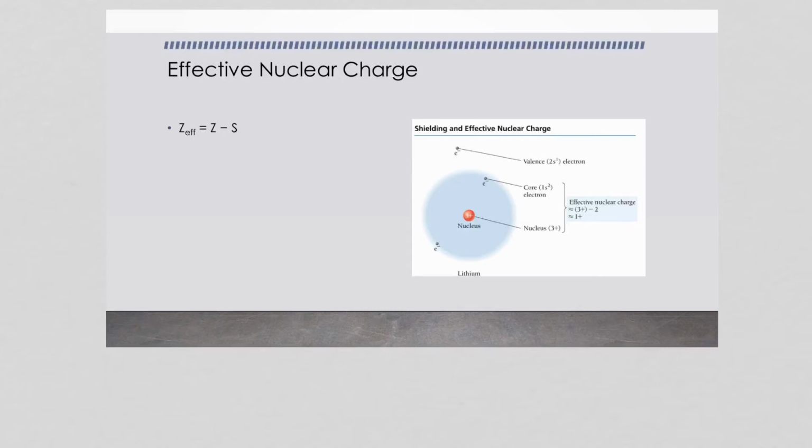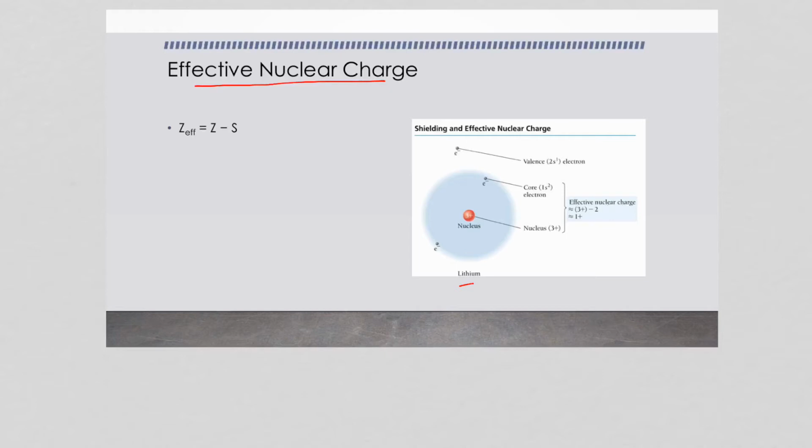Now, one thing that we're going to refer to in several of these periodic trends is this concept of effective nuclear charge. The nuclear charge is the charge in the nucleus. Let's say we have a nucleus like this one, which is lithium, with a nuclear charge of positive 3 from the protons. The electrons around the nucleus are attracted. Those negative electrons are feeling the pull of that positive charge, opposites attract. But do all of the electrons feel the pull in the same way?